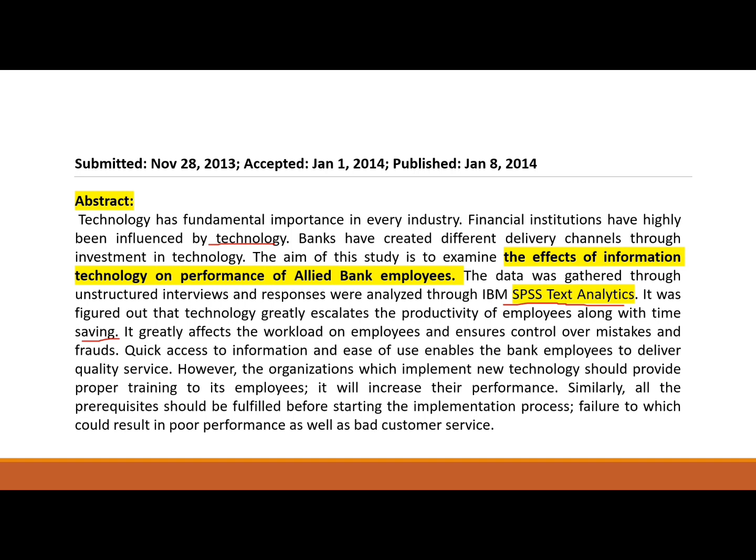So, however, the organization which implements new technologies should provide proper training to its employees. So it will increase their performance. Of course, similarly, all the prerequisites should be fulfilled before starting the implementation process, failure to which could result in poor performance as well as bad customer service. So kailangan talaga nila ng training so that they can have a successful implementation of this technology, of this project.